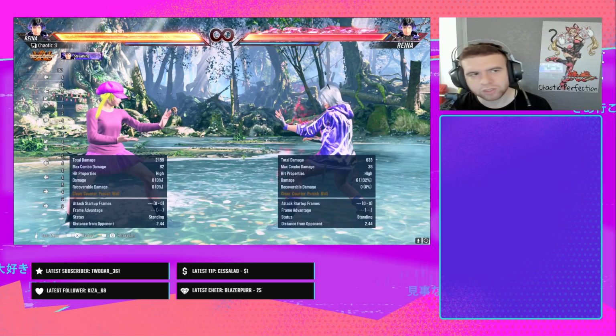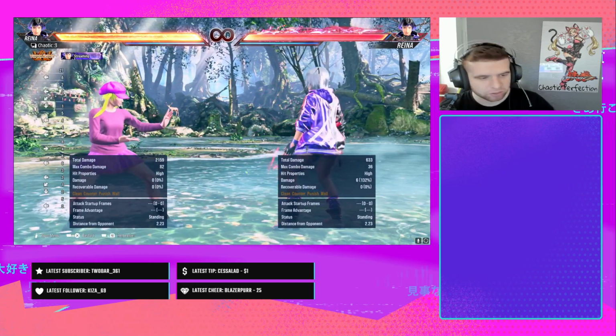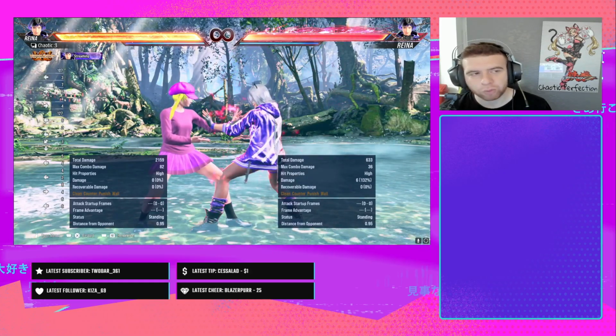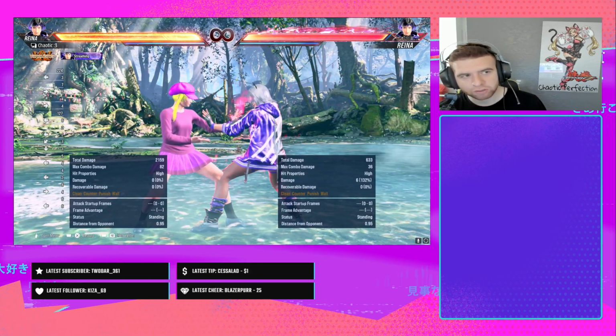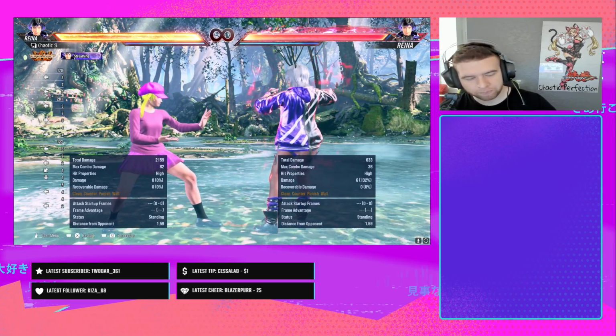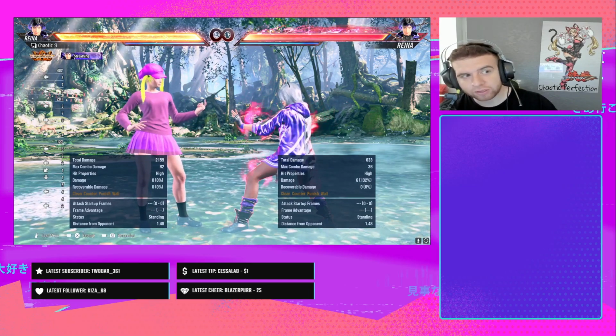Alright, so once you really start getting the hang of your punishment and your frame punishes, you can start looking at and really focusing on your offensive pressure and your defensive pressure by understanding the small frames. So we know that 10 frames and more than 10 frames, all of that is unsafe.